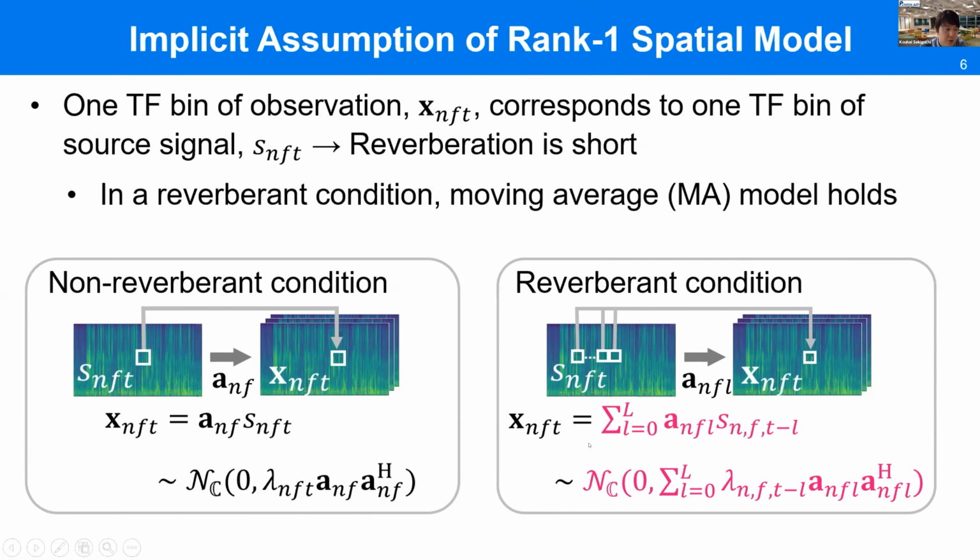This model is called a moving average, MA, model. A_NFL indicates how much S_NFT minus L has an effect on X_NFT. A_NF0 S_NFT represents a direct signal, and for L larger than 0, A_NFL S_NFT minus L represents the reverberations. And the probabilistic model of X_NFT is given by this expression.